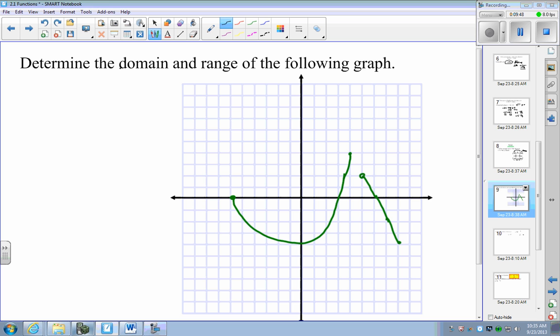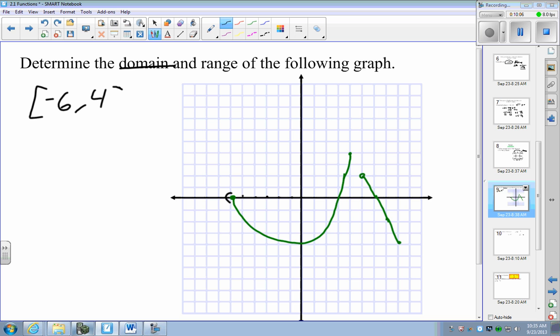First, let's start off with domain. So our domain here for this guy, we got it from being 1, 2, 3, 4, 5, 6. So it's going to be from negative 6 to, 1, 2, 3, 4, to 4.